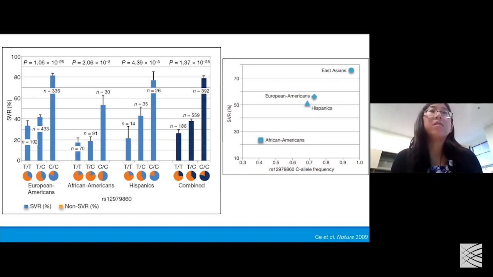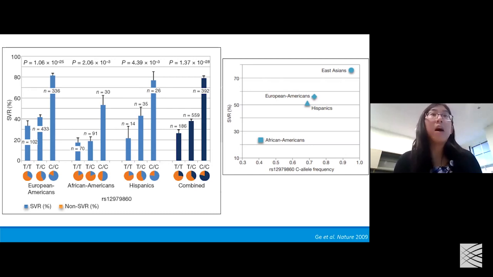In the second panel, you can see that it somewhat correlates to the proportion of sustained virologic response. So there might be some explanation of ethnic-specific effects here, and it illustrates why it's important to think about pharmacogenomics applying to the whole population and to study very different ethnicities, because the response is different.